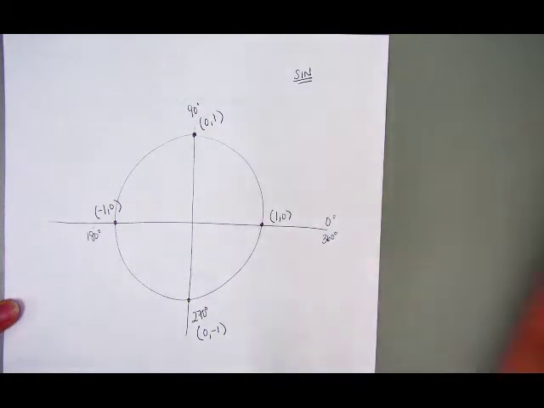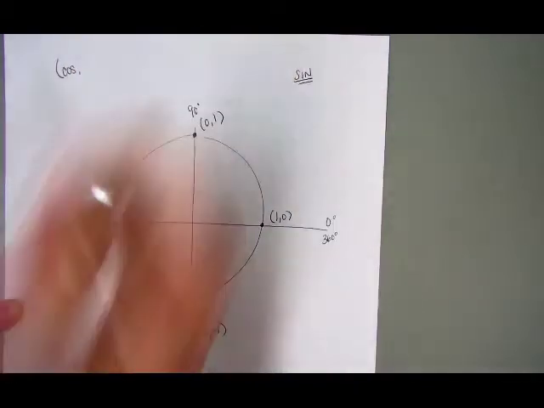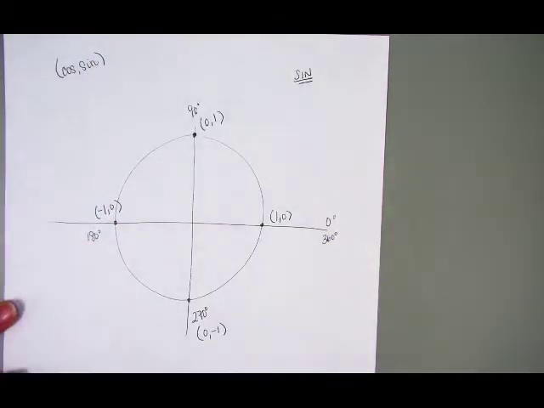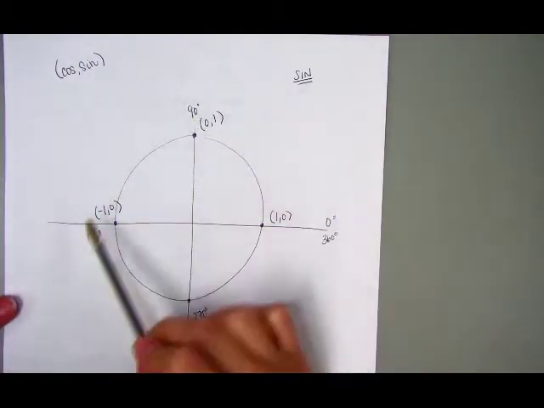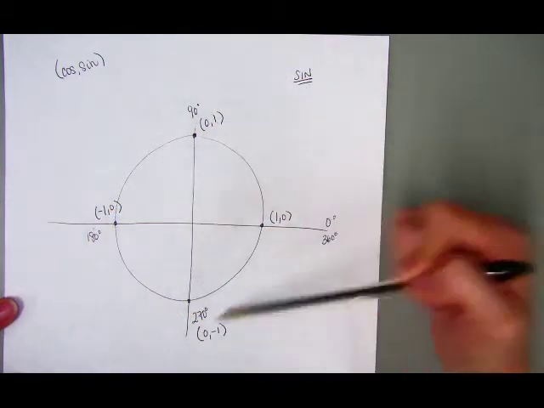If we look at our ordered pair, cosine tends to be our x, and sine happens to be our y value. So at any of these given angle measurements, sine is going to be the second value that we have.